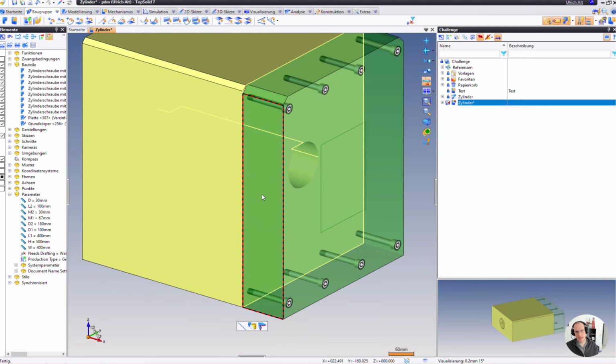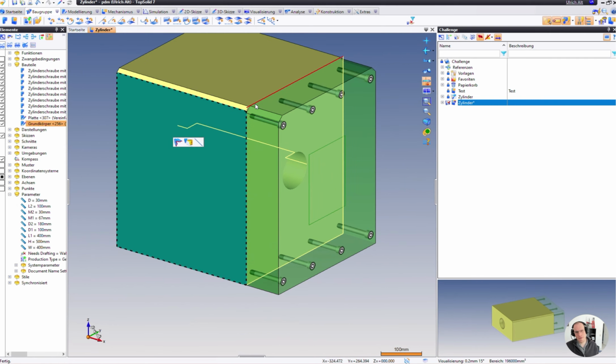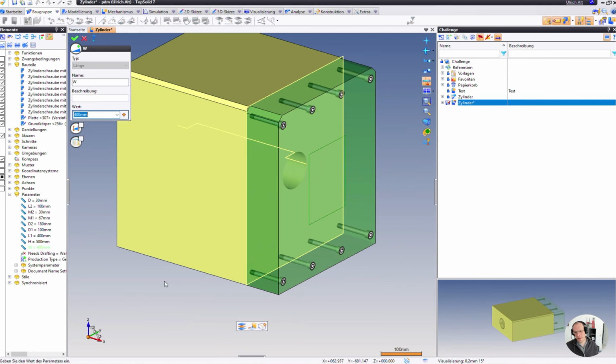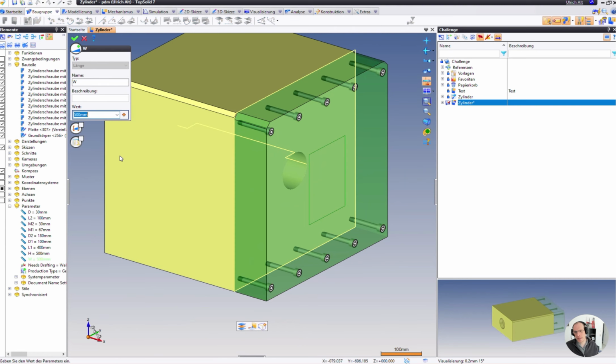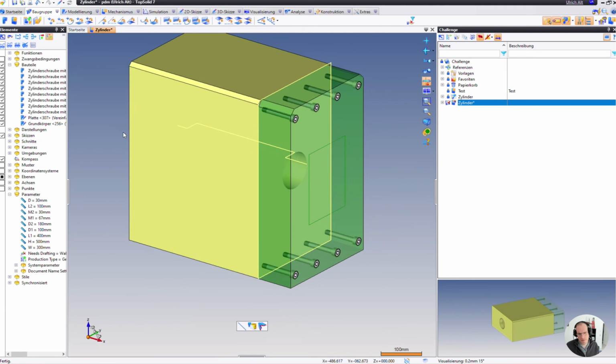The parts change. That is because these parts here share a common sketch in the assembly. The width is variable as well, so when the width changes, the parts change, and also the number of screws changes because they are placed on a constrained linear pattern.